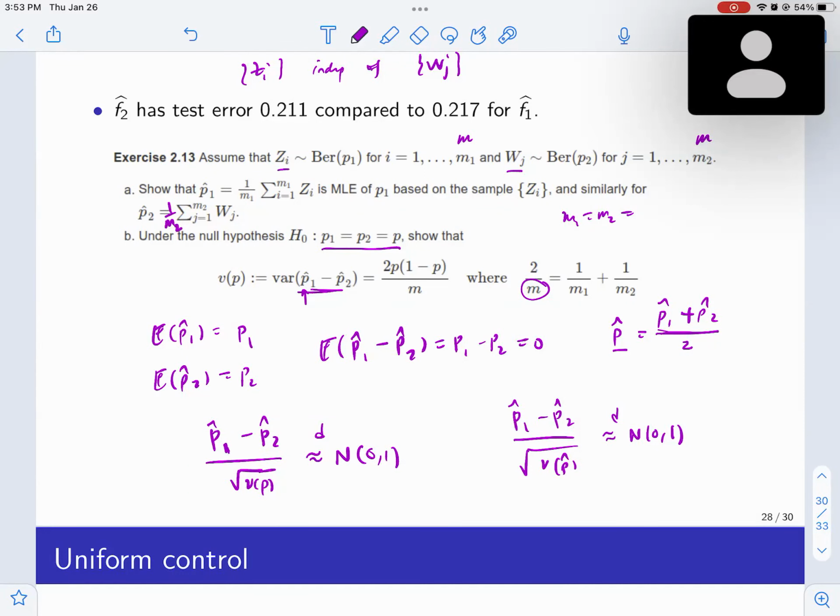Then I can form this, which is still approximately normal, and compare it with a normal distribution to see if it is consistent with the normal distribution or not. Does that make sense?